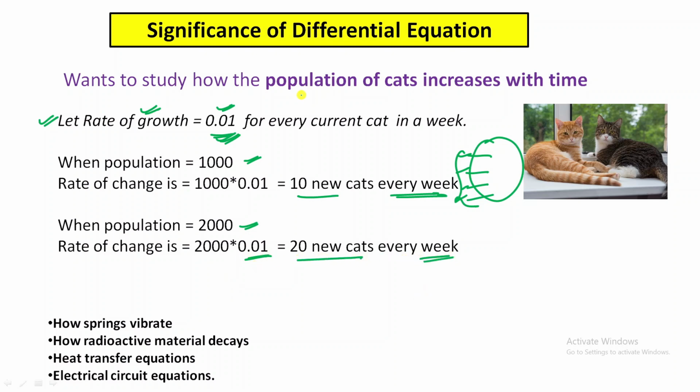So basically, when you are formulating these types of problems, you will be formulating them as differential equations. And here you can see something is changing, right? The population of cats is changing with respect to time, so you can say d of the population of the cats with respect to d of time.